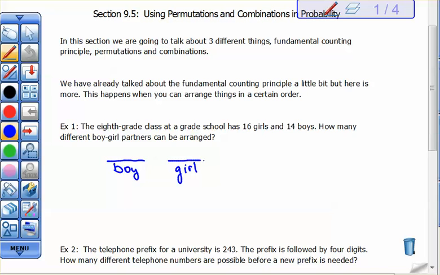So I'm going to lay out two blanks. Well, how many different ways could we pick a boy? There are 14 total boys, so that would be 14. How many total ways could we pick a girl? Well, that would be 16.